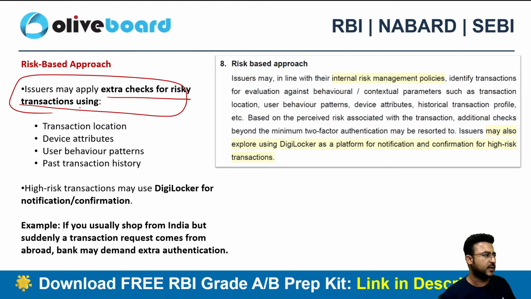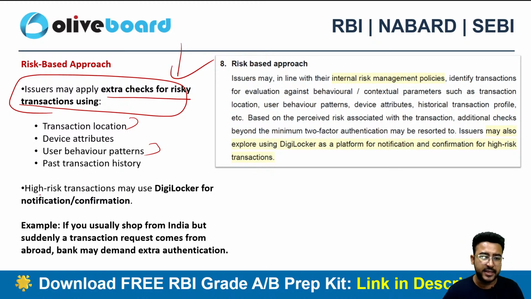Let's suppose it's not a regular transaction that I'm making right now. Maybe I'm transacting with some of the international merchants, right, outside my country. That's not a normal transaction which I usually do, right? So it should trigger a red flag, and the issuer may apply extra checks like the transaction location, user behavior pattern.